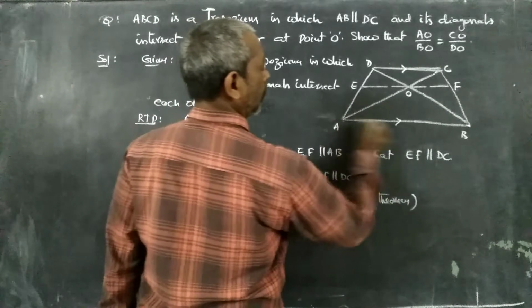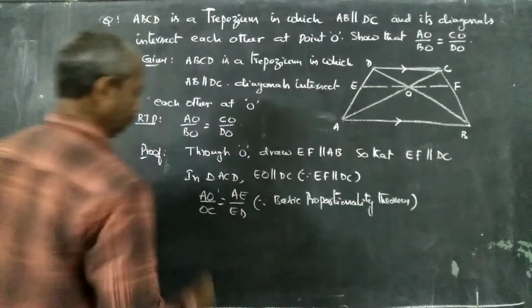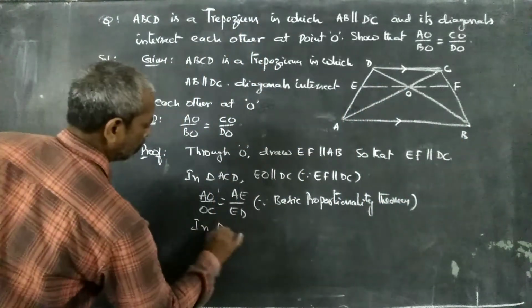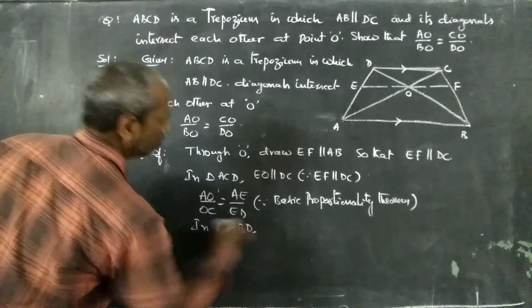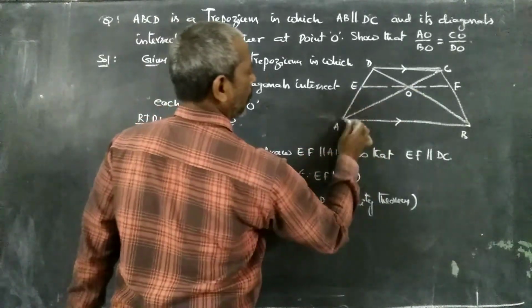Now, in triangle ABD, EO is parallel to AB.